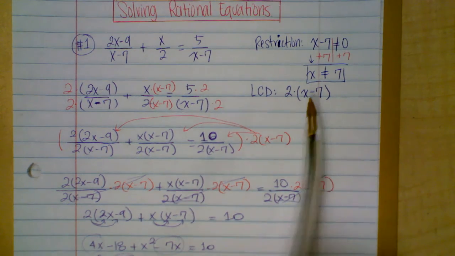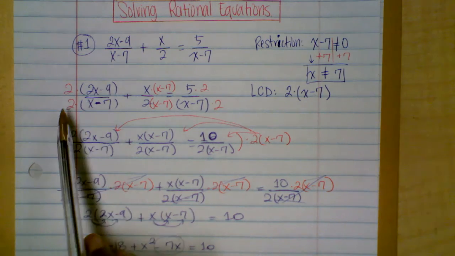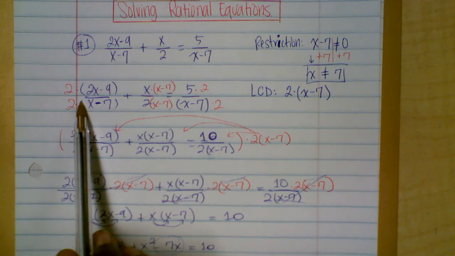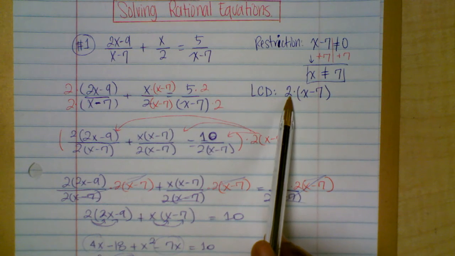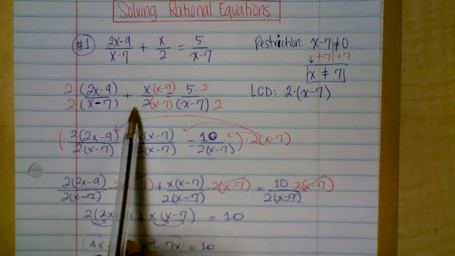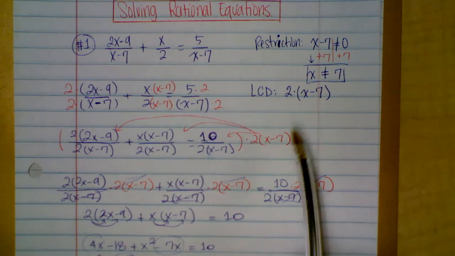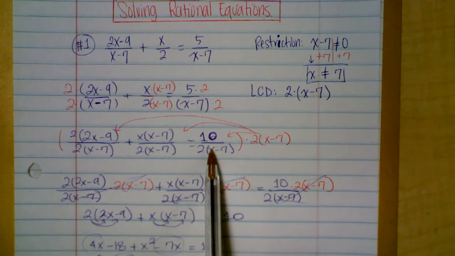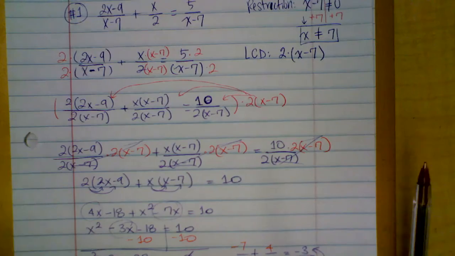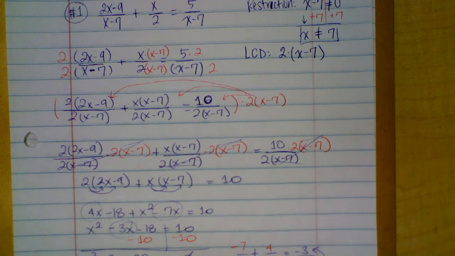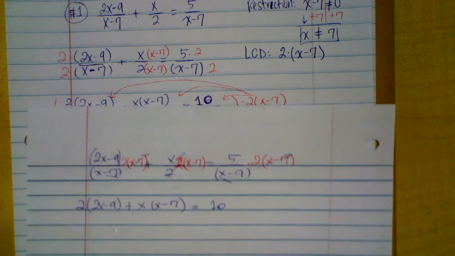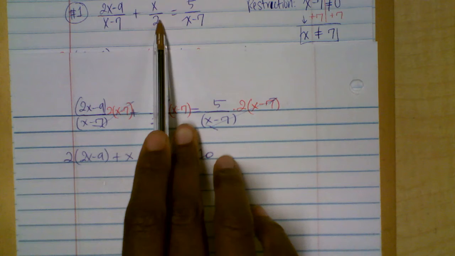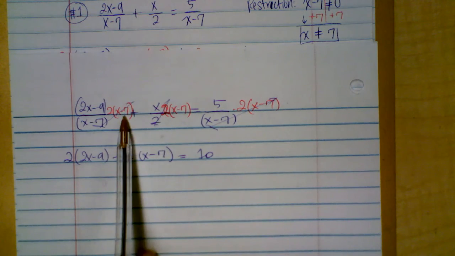Now, I showed you two ways to simplify, to get rid of the fractions, the division. The first way, I said, let's make the denominator the same as the LCD. For each term, you identify what you have to do to make the denominator the same as the LCD. Then you multiply every single term by the LCD to undo the division by the denominator. Another faster way is to take the original equation and multiply every single term by the LCD.